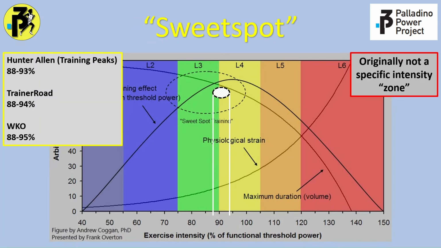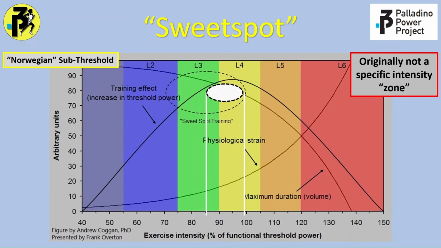So again, it wasn't originally intended as a specific intensity training zone, so to speak, but a concept. And with various individuals and platforms, it's been variously described as different widths of that particular intensity domain. I will point out that the Norwegian concept, based on lactate, where LT2 is that second phase transition, as are CP and FTP.